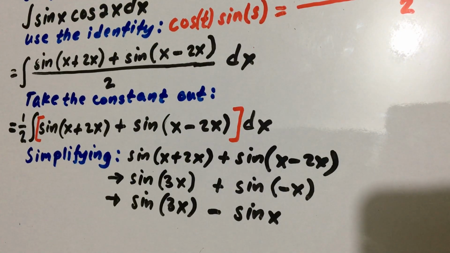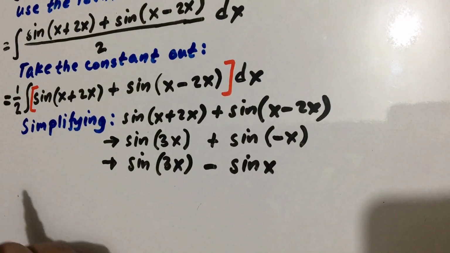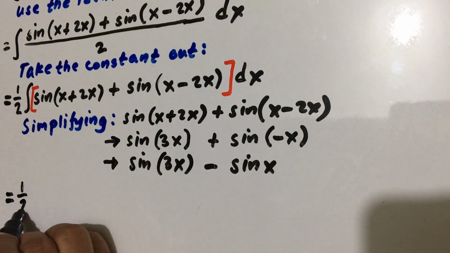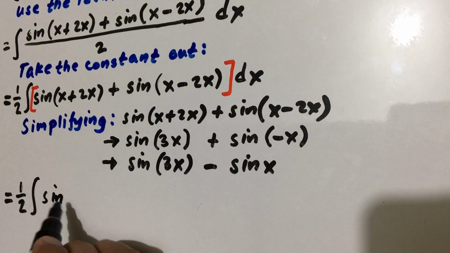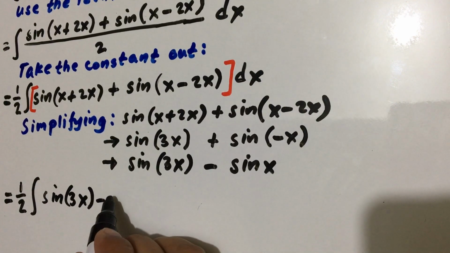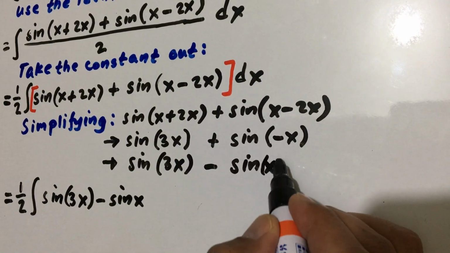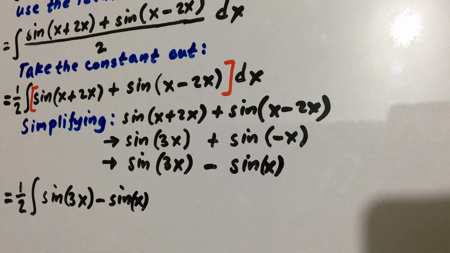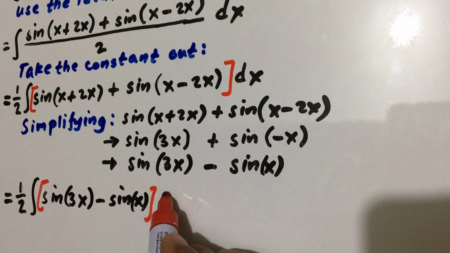Okay, so after you simplify, whatever the result is, you substitute it. So this now becomes 1/2 times the integral of sine 3x minus sine x, inside the parenthesis, multiplied by dx.